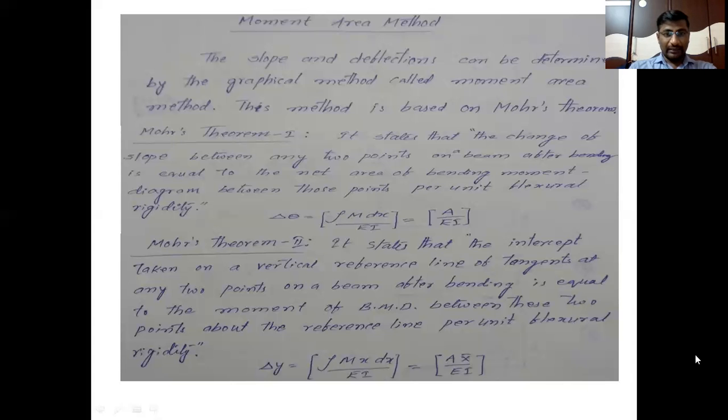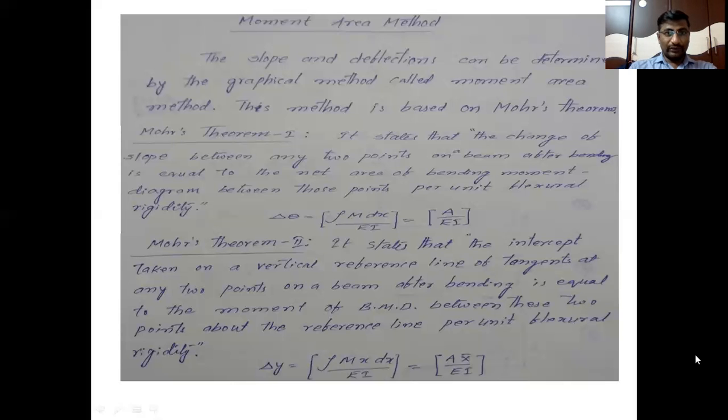X bar is the distance of the bending moment diagram area CG to the reference line, divided by EI. A x bar by EI. So these are the two theorems which give the change in slope and change in deflections between 2 points by taking the area of the bending moment diagram between those 2 points.